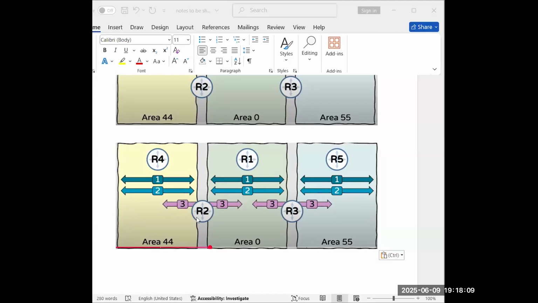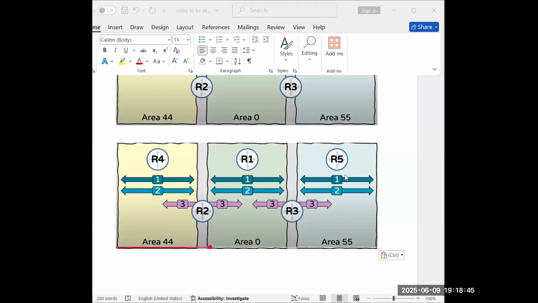R2 is the ABR router. Now it is going to advertise that type 4 to different areas, area 0 and area 55, so that R1 and R5 also know what networks are being advertised from this ASBR. In order to reach any network behind this ASBR, R5 knows this routing information.